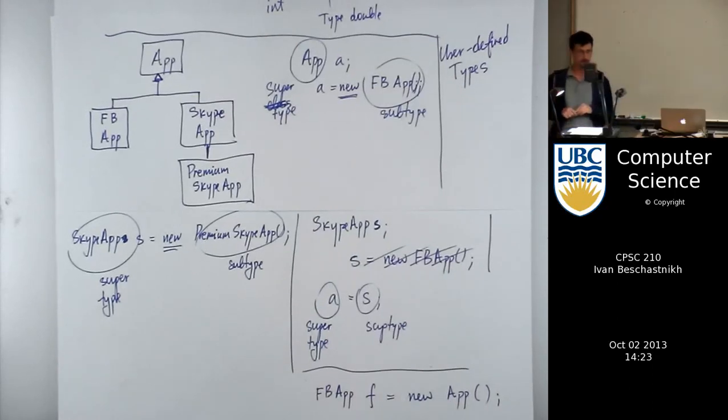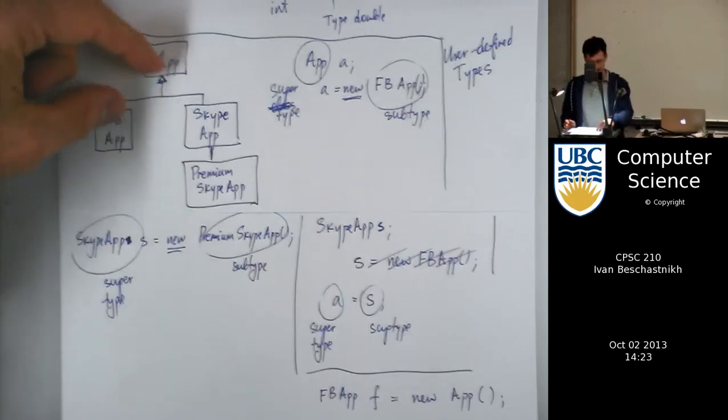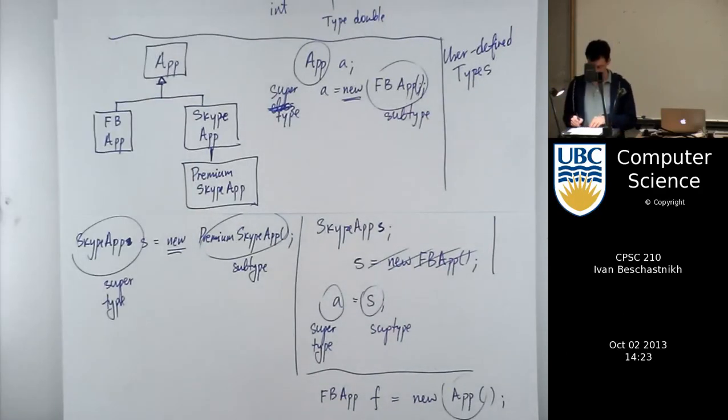Is that legal? What do you guys think? So who's the supertype and who's the subtype here? There's obviously a relationship between them, so this is the super, the sub. So, not allowed to do that, right?